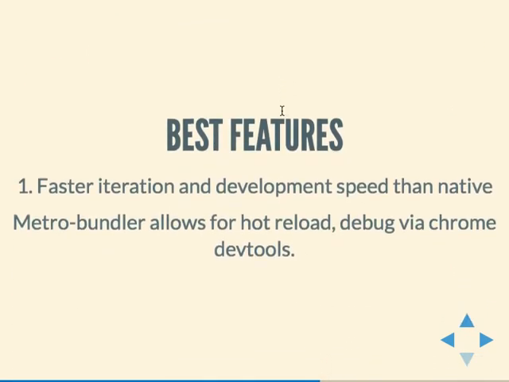Let's go with faster iteration and development speed. One of the things that the Metro Bundler does, which stole a lot from what both Babel and Webpack are doing, is hot reload and live reload.